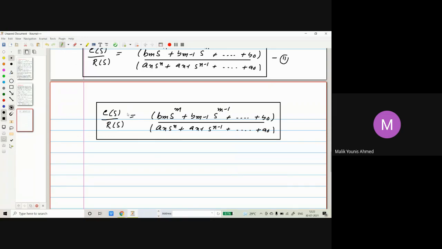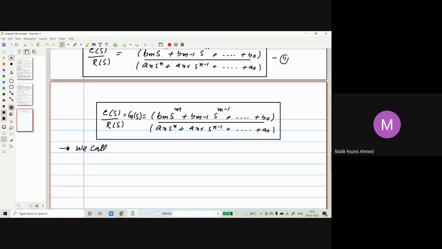Now this C of S by R of S, we can write this as G of S also. G of S is nothing but the transfer function.